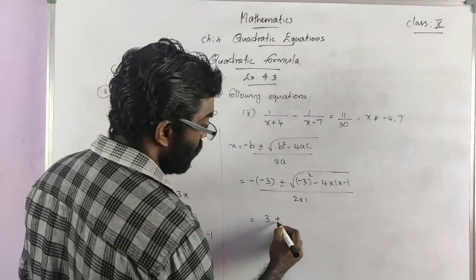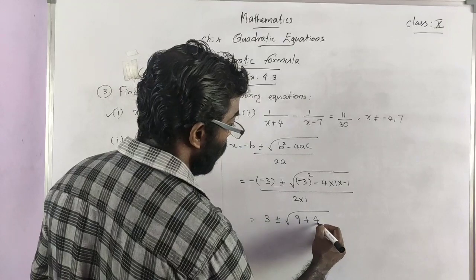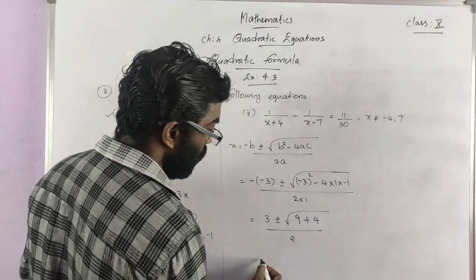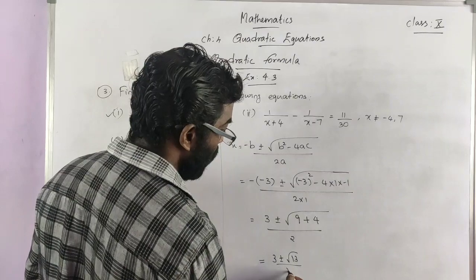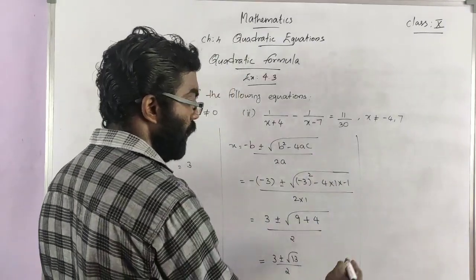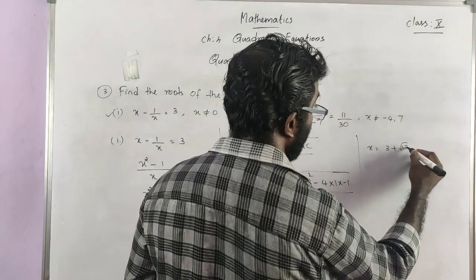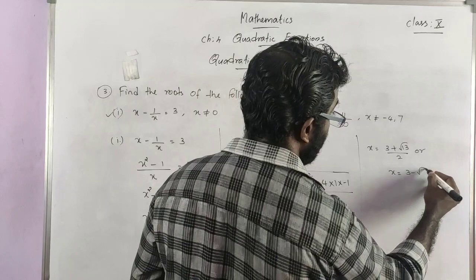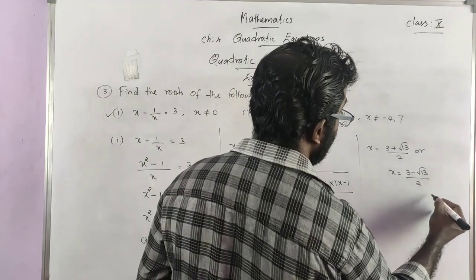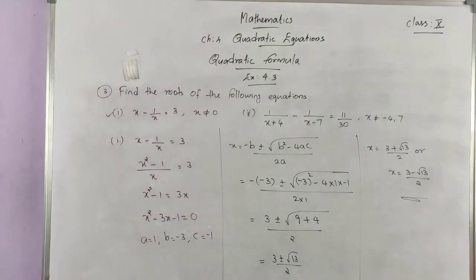That is 3 plus or minus root of 9 plus 4 divided by 2, that is 3 plus or minus root 13 divided by 2. Or we can write x equal to 3 plus root 13 divided by 2 or x equal to 3 minus root 13 divided by 2. These are the solutions.